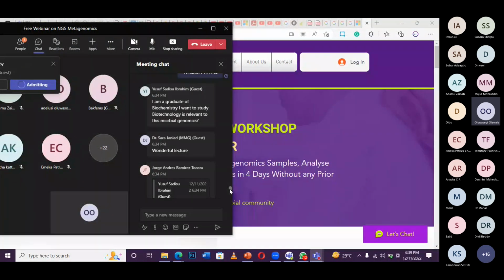One aspect of biotechnology is also probiotics, where you do probiotics engineering. Before you can do that, you must understand microbial genomics. There's an aspect of biotechnology even in animals where you edit some genes, but you still need to understand genomics. This thing is intertwined; one thing depends on the other.